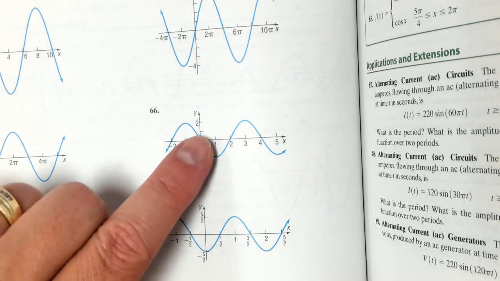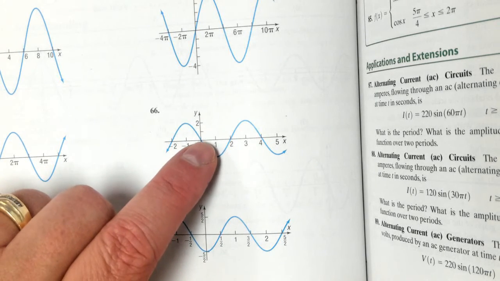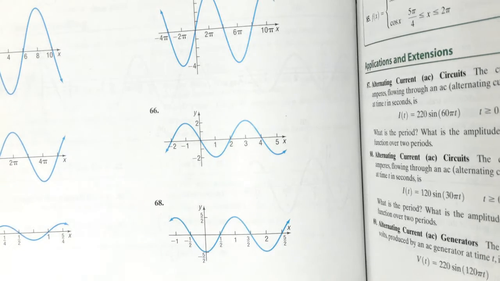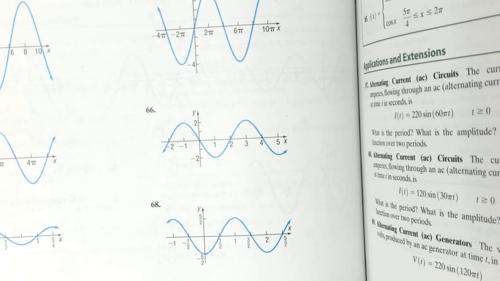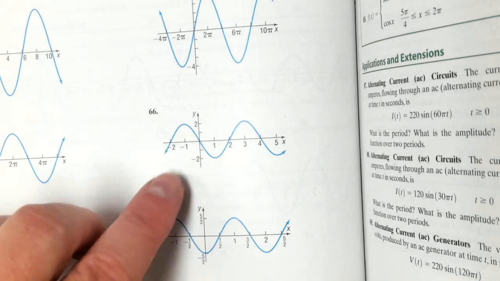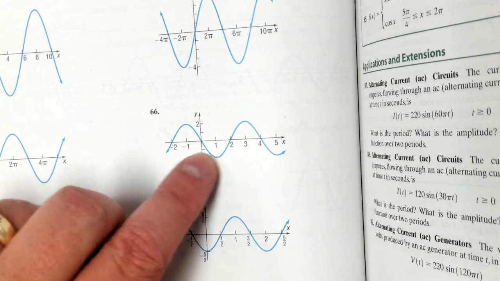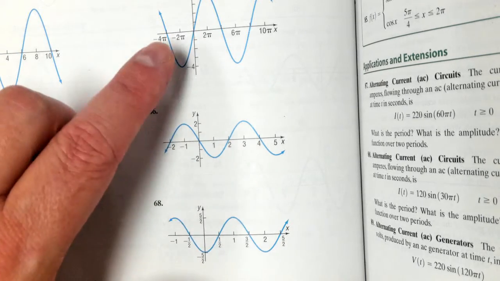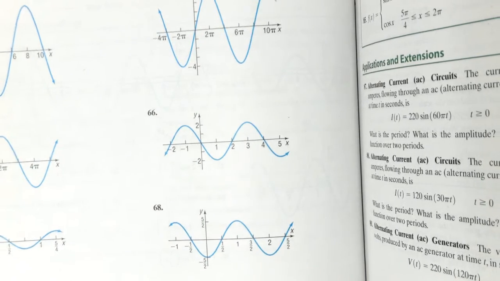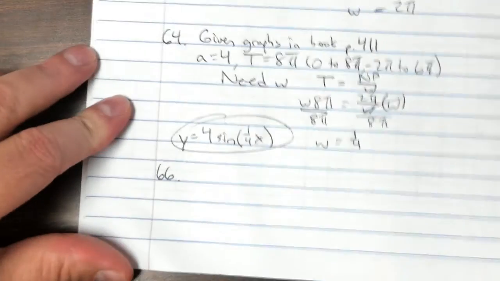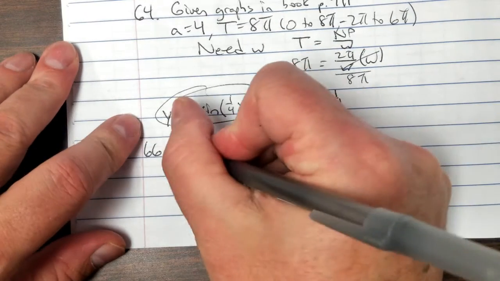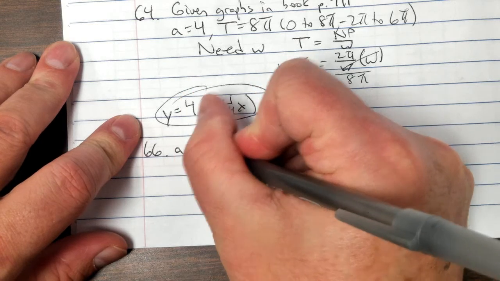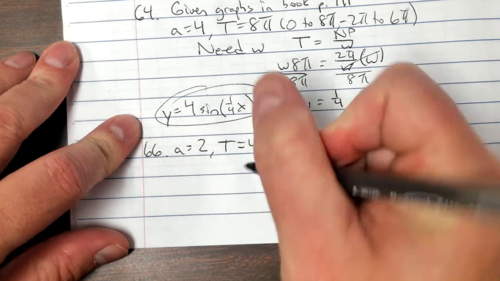And we know our amplitude's 2, and we know our period is, from 0 to 4, so 4. Very good. So this one, notice you're counting by whole numbers, or integers in this case, because negative whole numbers. But it doesn't have pi like that one does. So what we do is write down some of our features. We have our amplitude is 2, our period is 4.